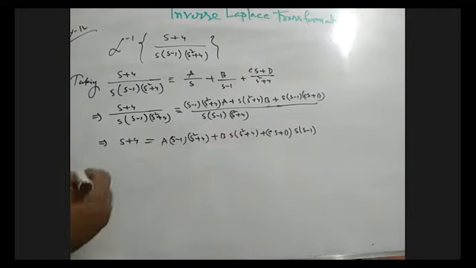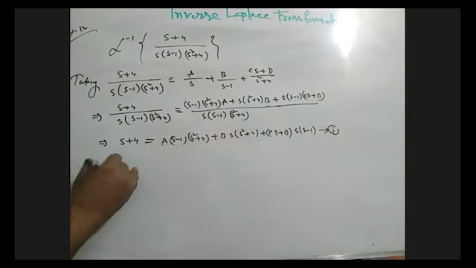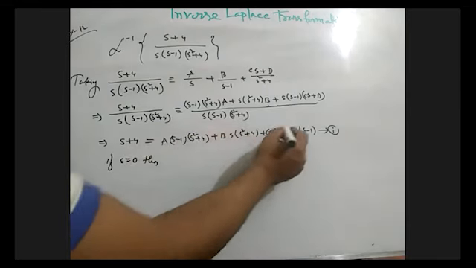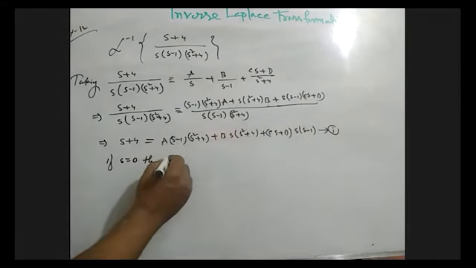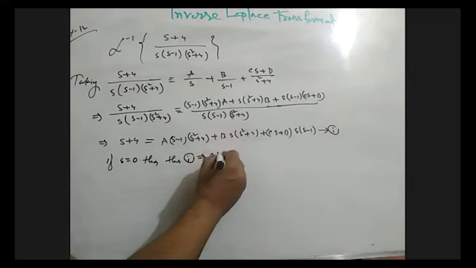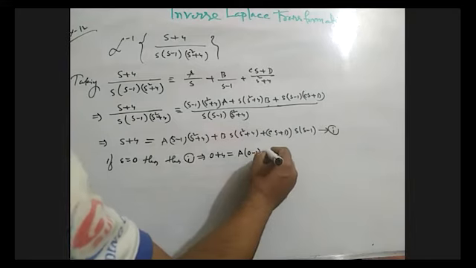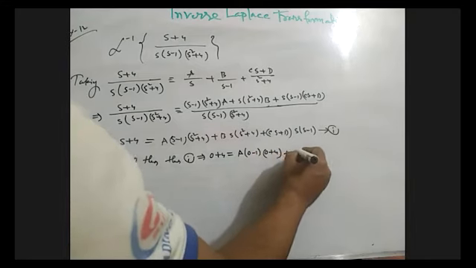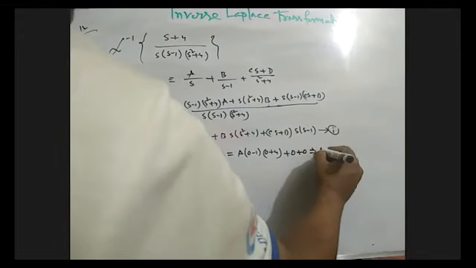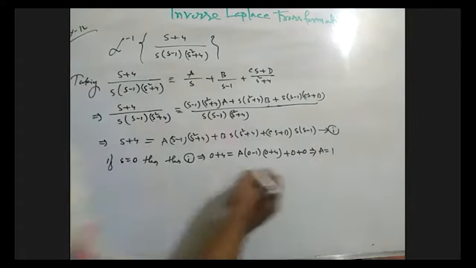Now suppose this is equation 1. If s equals 0, then this term and this term become 0. So from 1 we get 0 plus 4 equals a into 0 minus 1, 0 plus 4, all other terms are 0. So a equals 4 divided by 4, only 1.